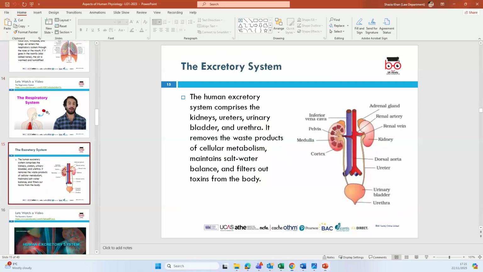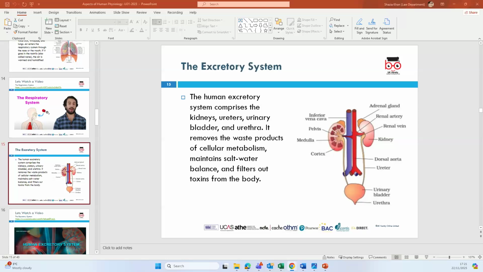The next one is the excretory system, which removes any sort of waste products and excess water from the body to maintain homeostasis. And its main components include the kidneys, which filter the blood to produce urine, and then the urinary tract, which includes the ureters, the bladder, and the urethra, which stores and expels urine.